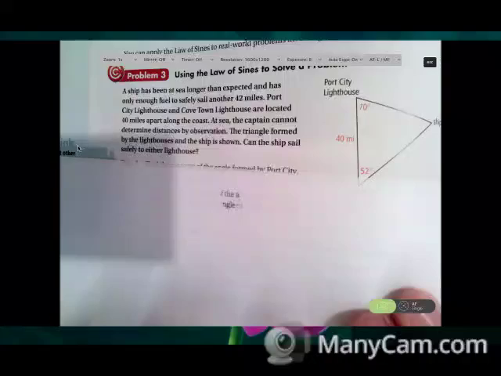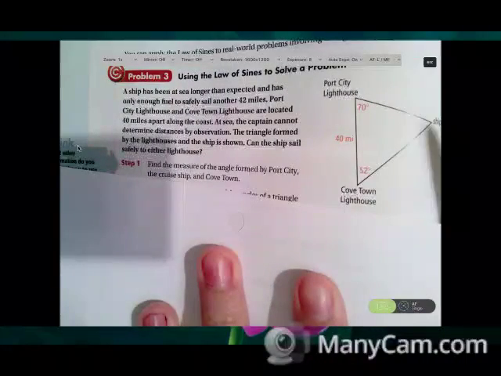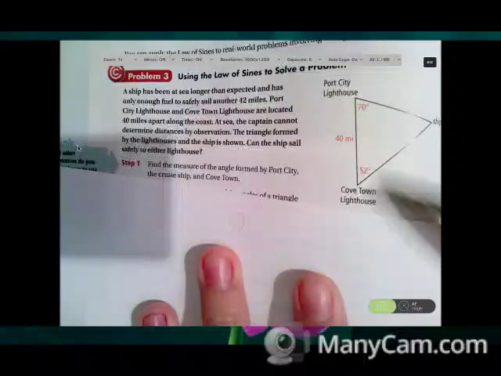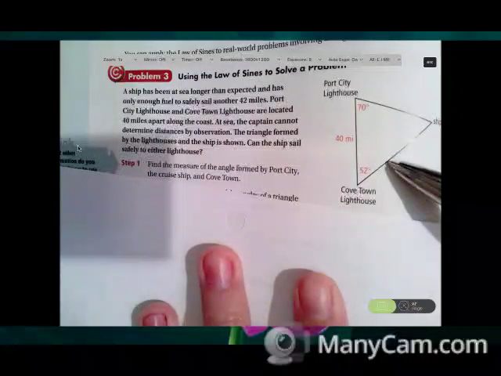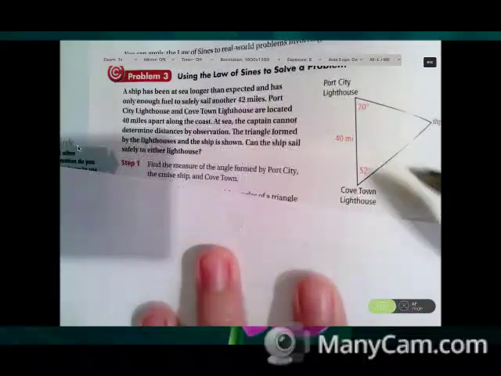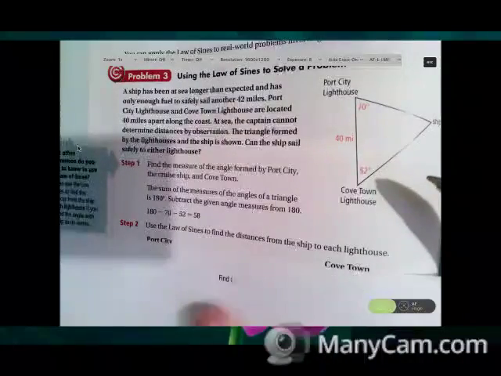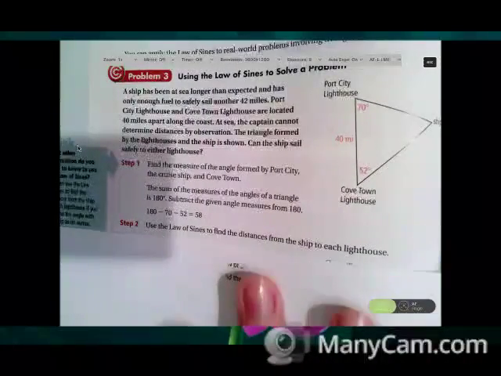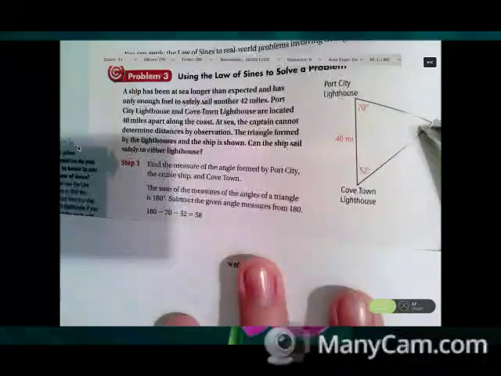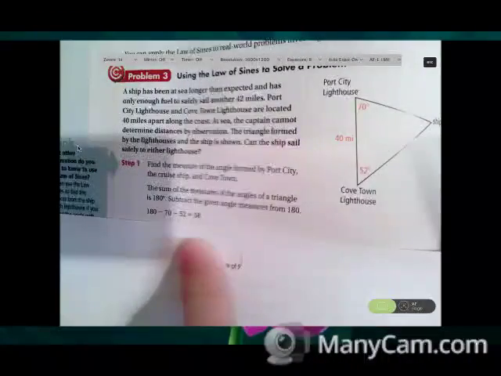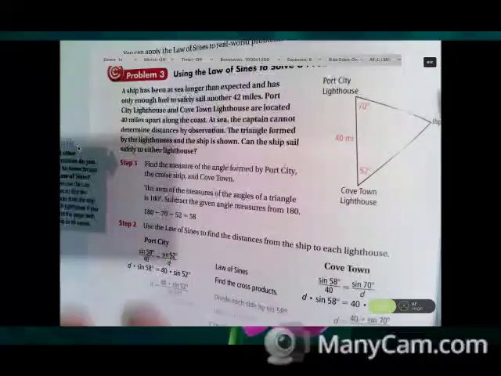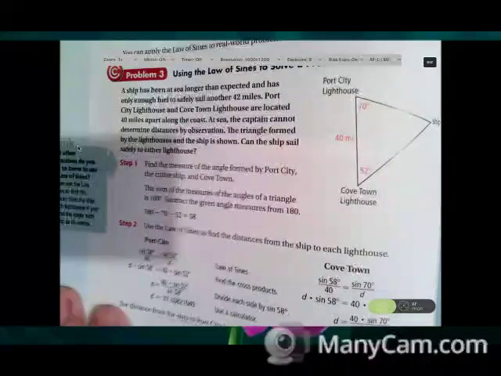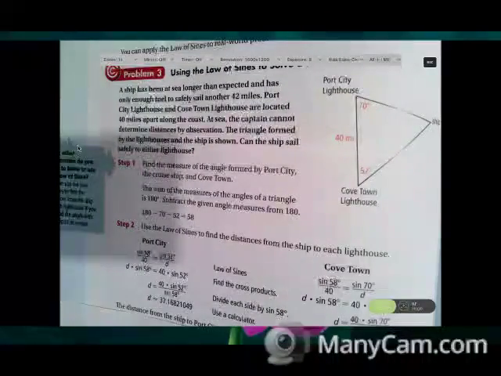So we want to see if this ship can safely sail here and here. In order to find these distances, we have to use the law of sines. Before we do that, we also have to find this angle. When we do that, we get 58 degrees. So let's first look at Port City.